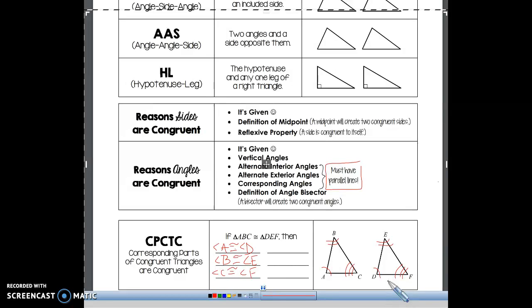Then we also have corresponding side lengths, such as AB is congruent to DE. So I can mark that AB is congruent to DE. Then we have that BC has to be congruent to EF.